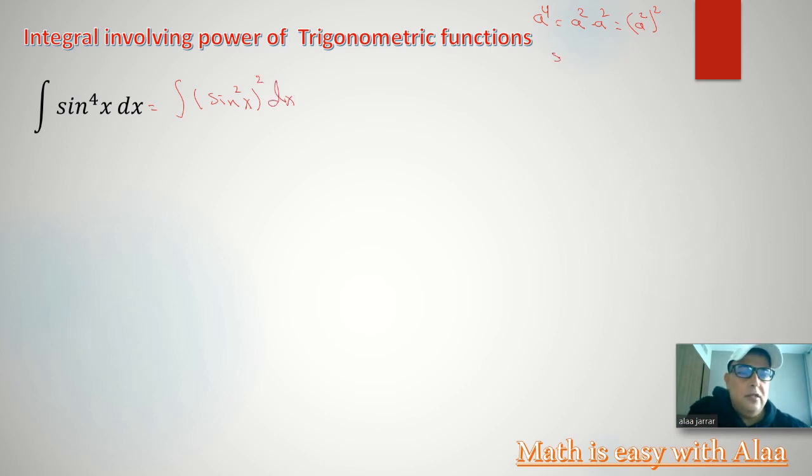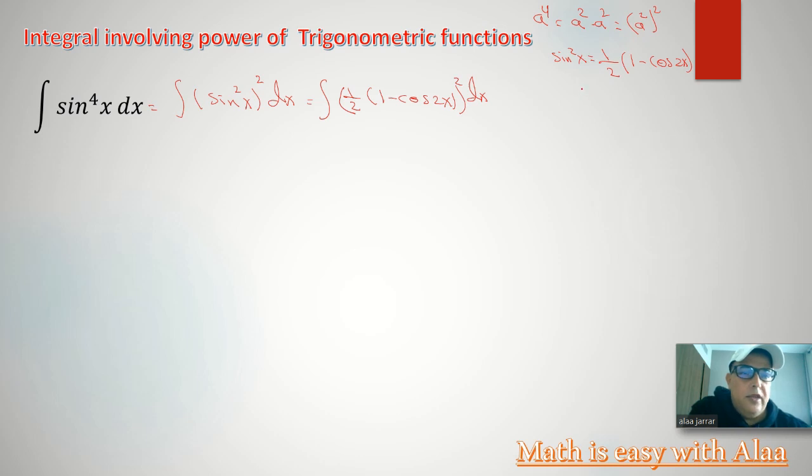Now, instead of sine squared x, I will put 1 over 2, 1 minus cosine 2x. So it will be the integral of 1 over 2, 1 minus cosine 2x, all squared, dx.